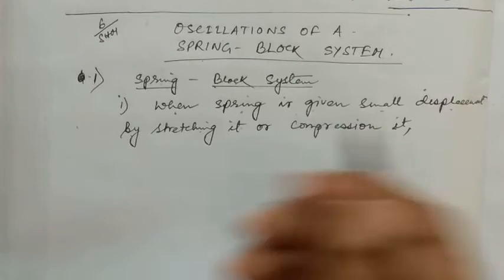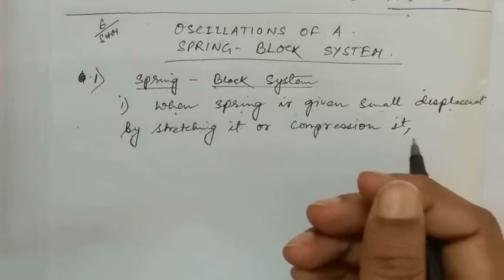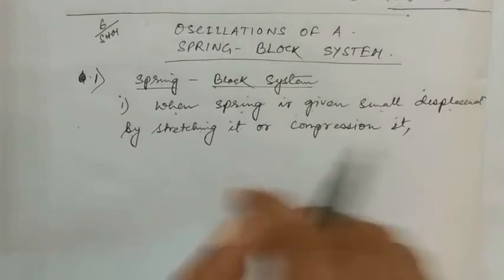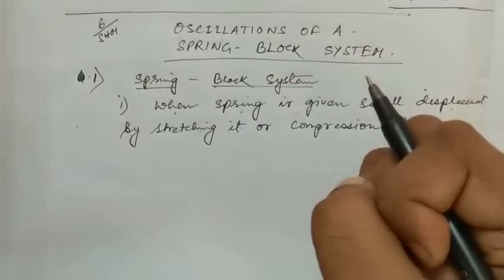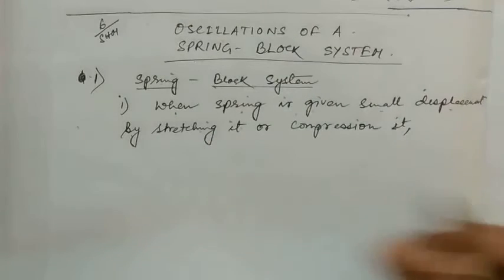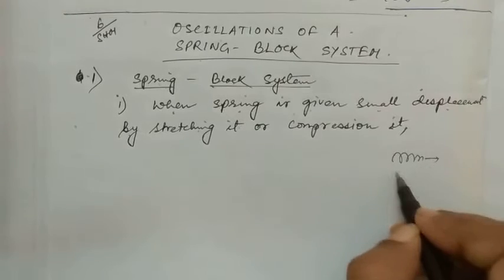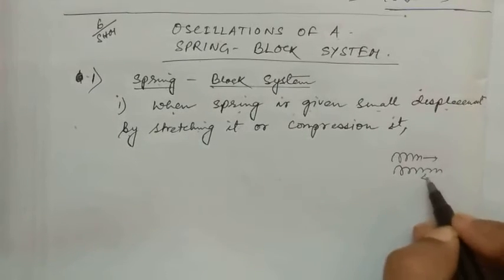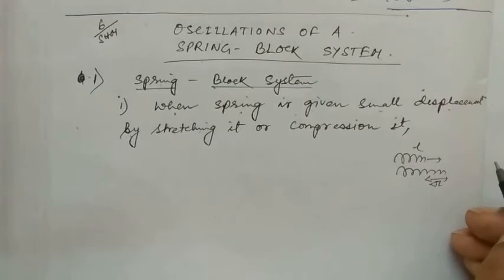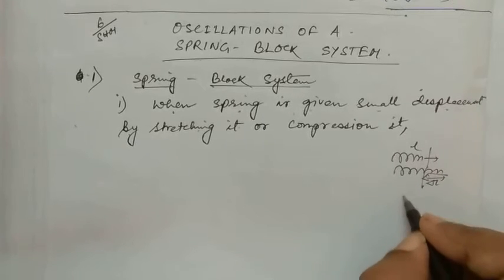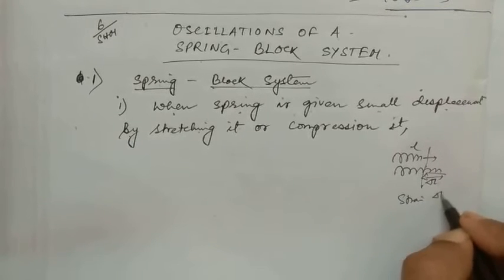One is a longitudinal strain and another is a volume strain. So delta L by L, that means change in length by original length. When the spring is pulled, it expands, suppose by a length of delta L. Original length was L. So strain can be written as delta L by L.